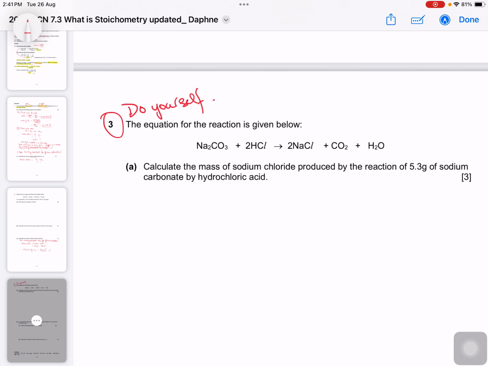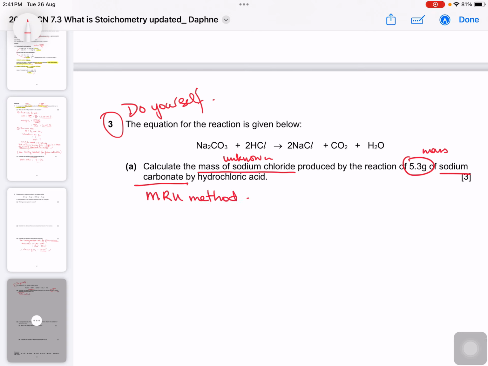So, we are asked to calculate mass of sodium chloride. This is our unknown. And what are we given? 5.3 grams of sodium carbonate. You are asked to calculate sodium chloride, but you are given sodium carbonate. Whenever you see this, it is the MRU method.